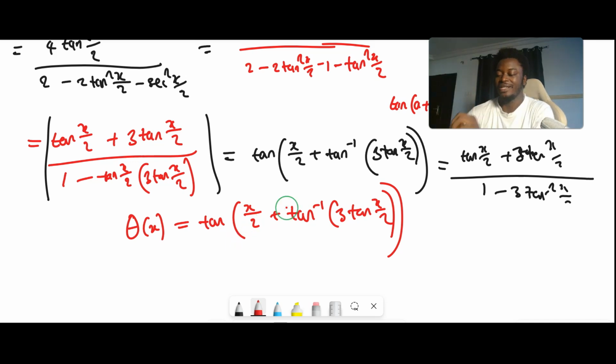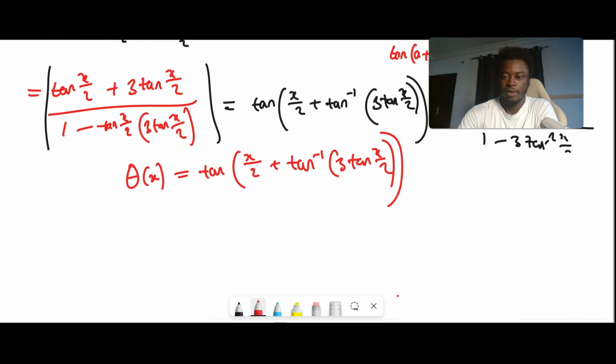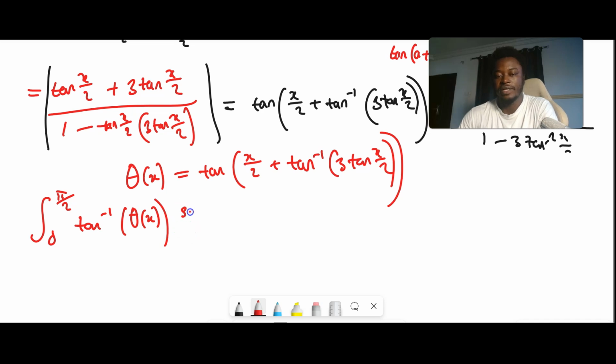Okay, now let's go back to our original integral. Then the integral we intended to solve was the integral from 0 to pi over 2 of the tan inverse of theta of x. Okay, then you have a sine of x over 2 divided by square root of cosine of x dx.